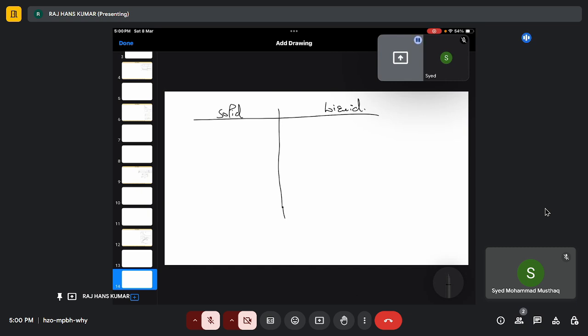Now, this is my thermal gradient, T dash. What is my equilibrium temperature? Right, the equilibrium solid temperature. Let's say if it goes like this. Okay.